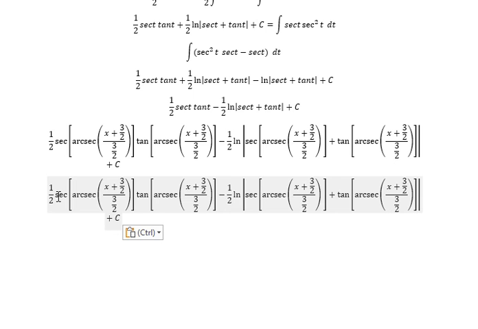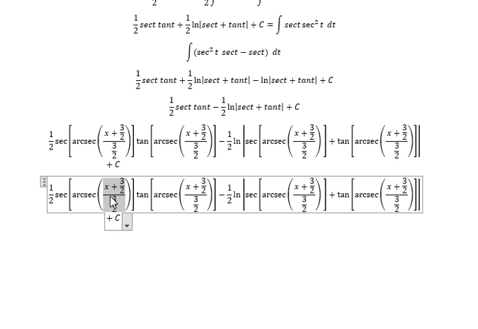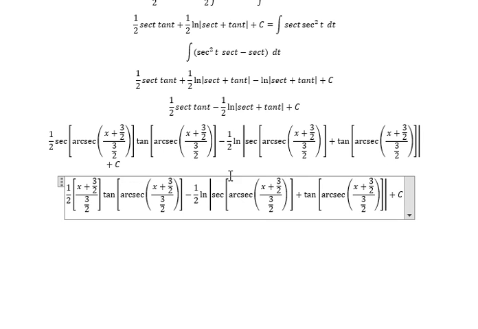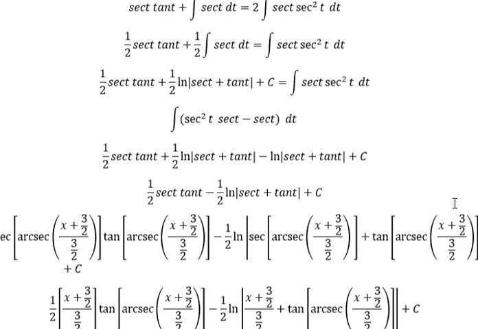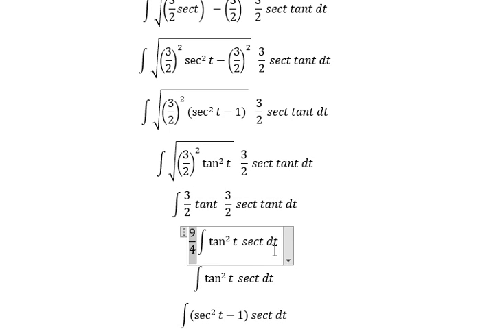So we know that secant with arc secant, we have this one. Similar for this one. And now we have 9 over 4 in here.